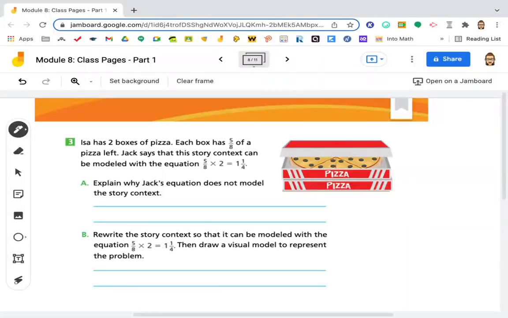Well, this story context is finding, there's a total of 2 boxes of pizza, and each box has 5/8. So the story is finding 2 groups of 5/8.